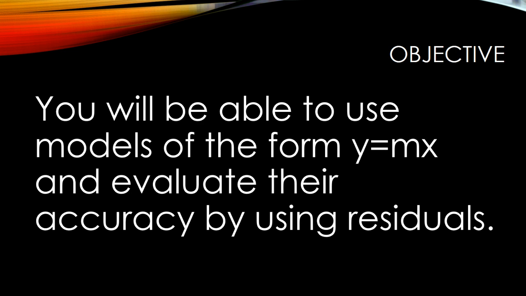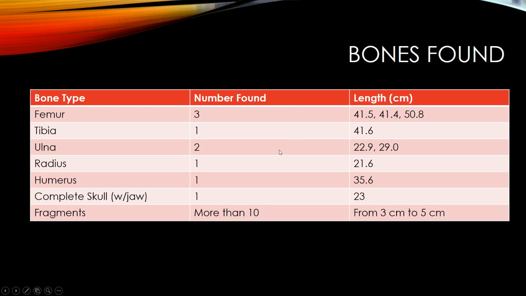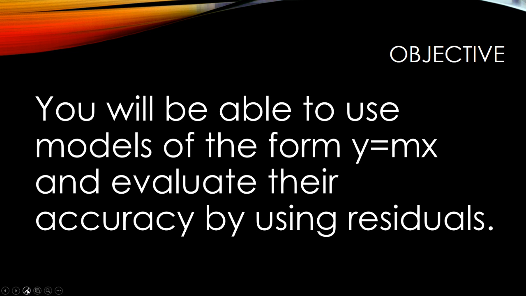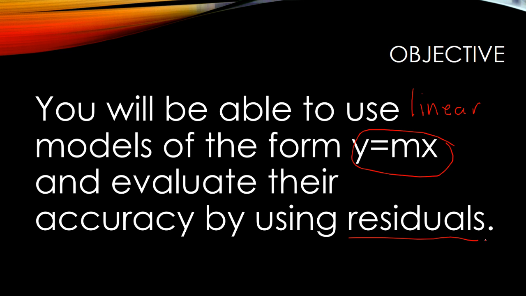We're going to use this form right here, and this is called linear. You're going to be able to use the linear form to predict things, and you're going to be able to evaluate how accurate your linear model is by using something called a residual. Those things together are what's going to give us our understanding here.